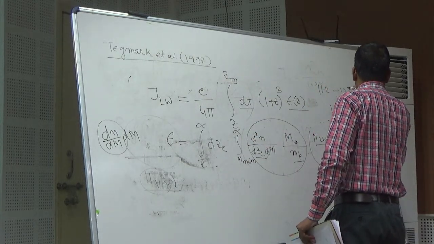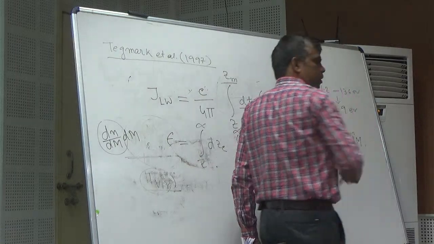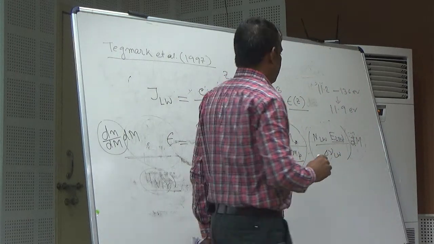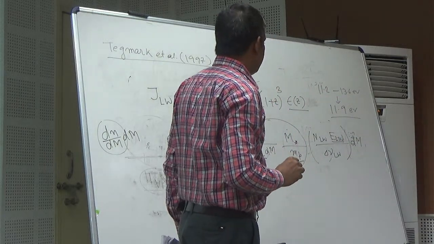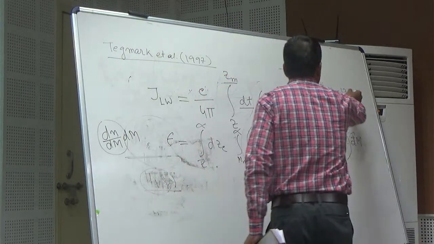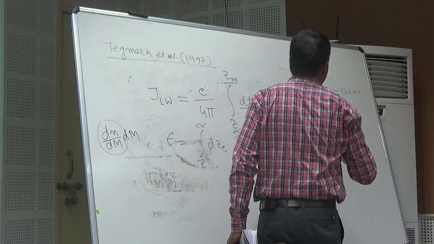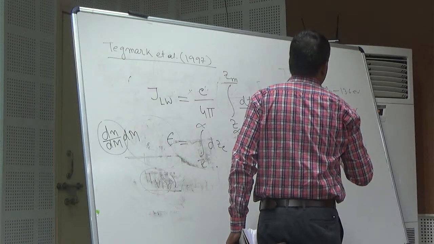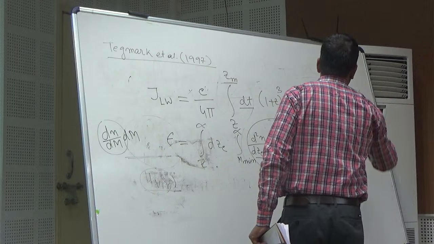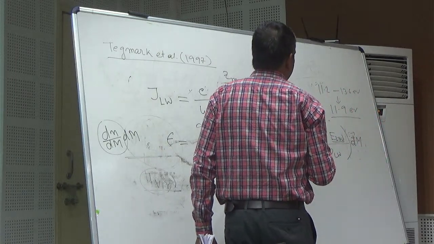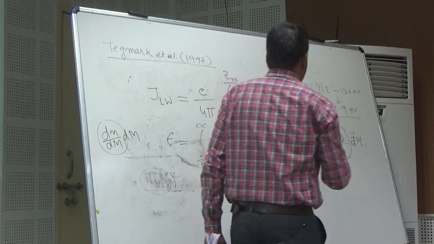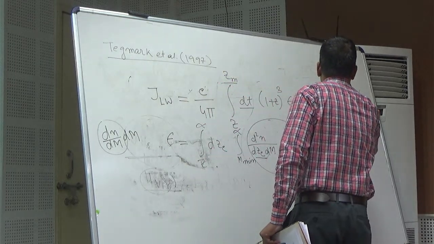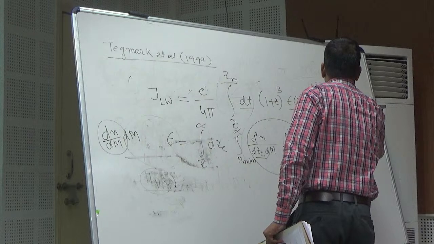It's not exactly an arithmetic average, but some weighted average, and it depends on the spectra of the source. If we just simply do an average, it will be different. So this is the average energy of Lyman-Warner photons.